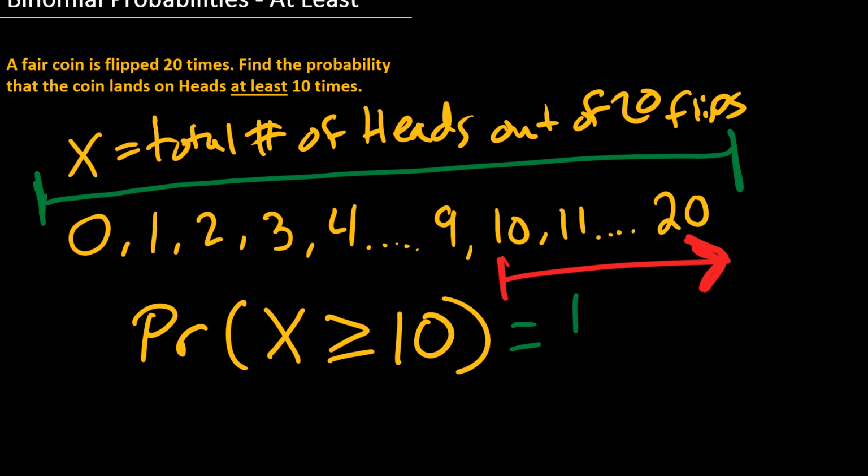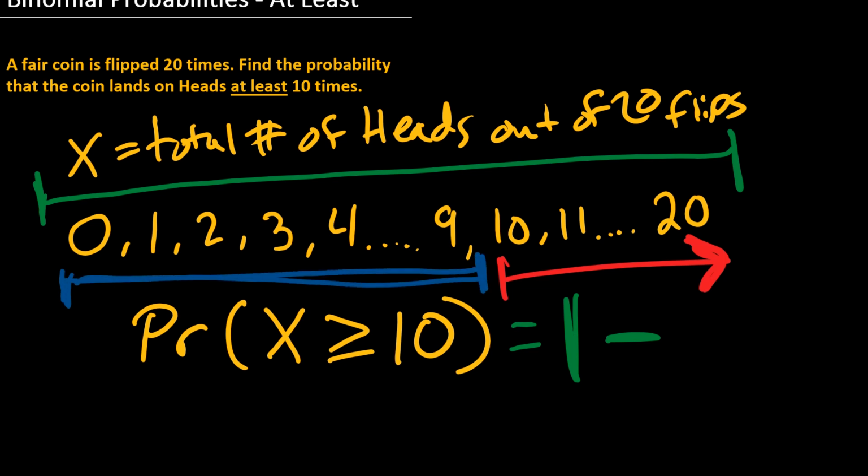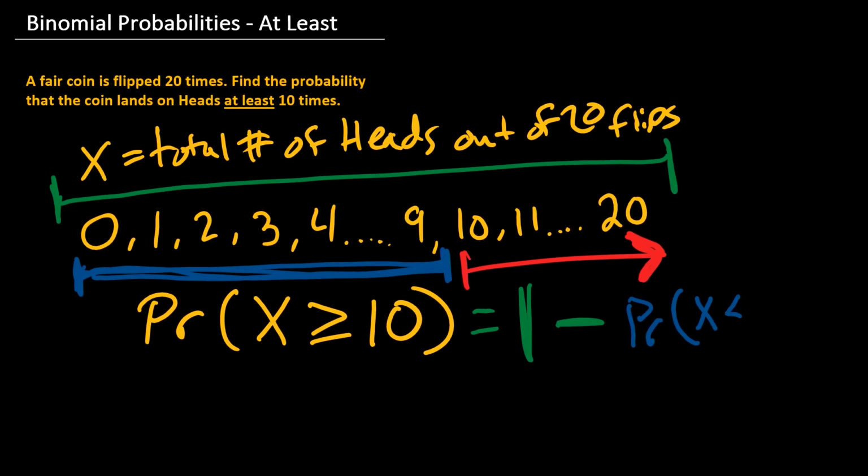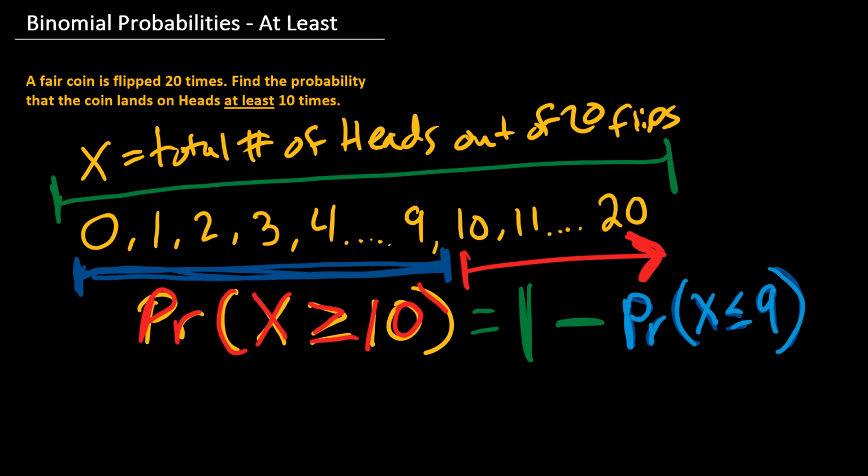So if I take 1 and subtract off what I don't want, X less than or equal to 9, then I'll be left with the probability that X is greater than or equal to 10.